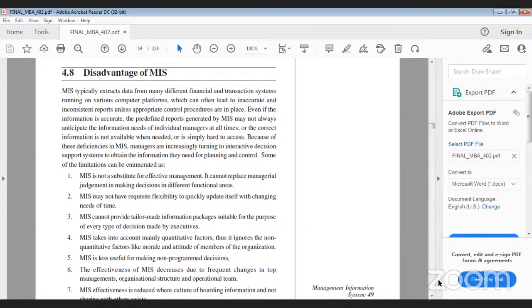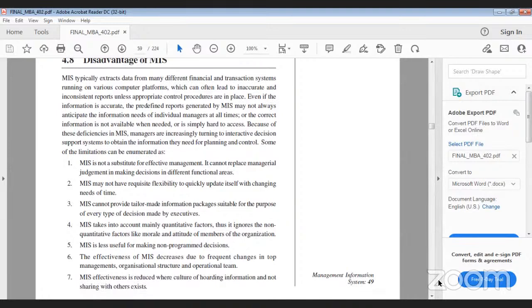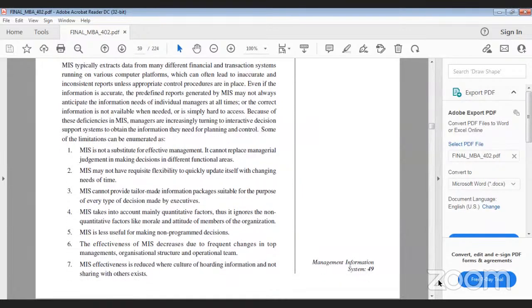First, MIS is not a substitute for effective management. Second, MIS may not have the capability to quickly update itself with the changing needs of time. Third, MIS cannot provide a tailor-made information package suitable for every decision made by executives.